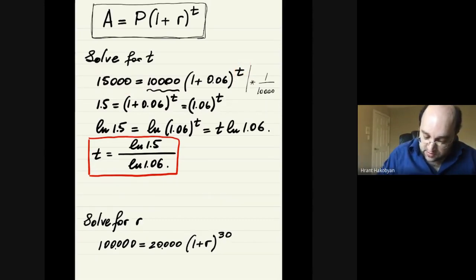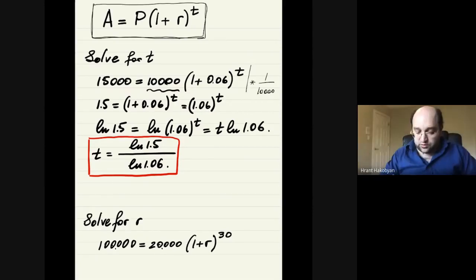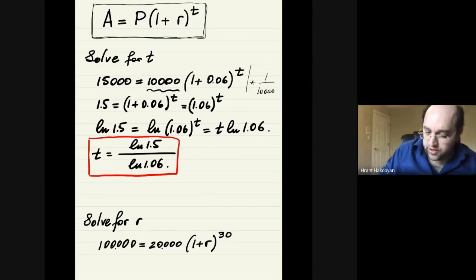And the answer is given by this formula here. So this is the time needed for a 6% interest account to grow from 10,000 to 15,000. That's the application. And then we'll do another one next time. Okay. Any questions about how I solved this or no?